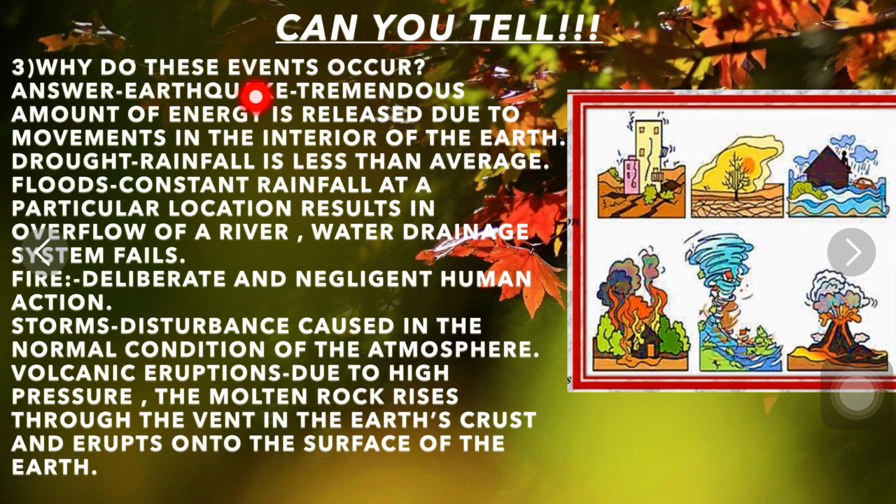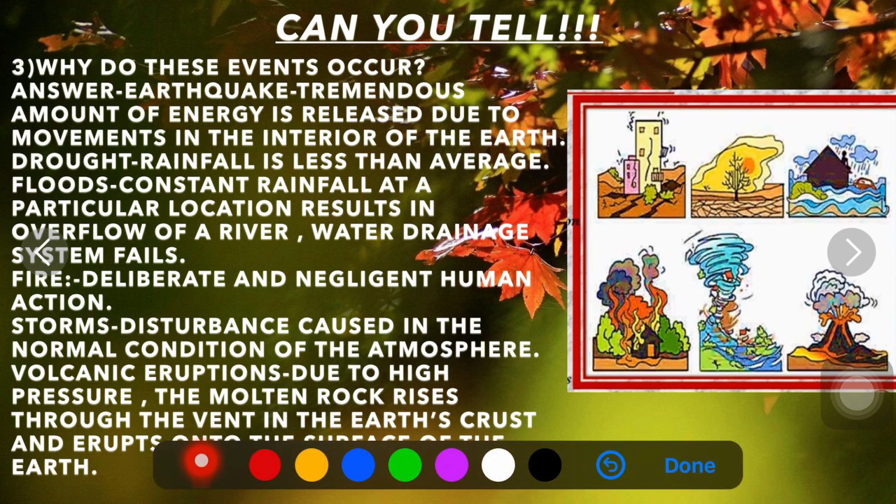So students, an earthquake occurs due to a tremendous amount of energy which is released due to movements in the interior of the earth. Drought occurs when rainfall is less than the average rainfall.